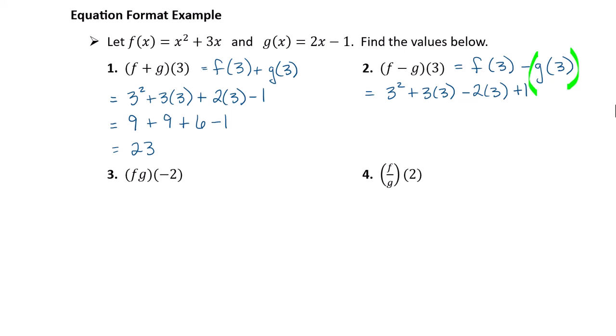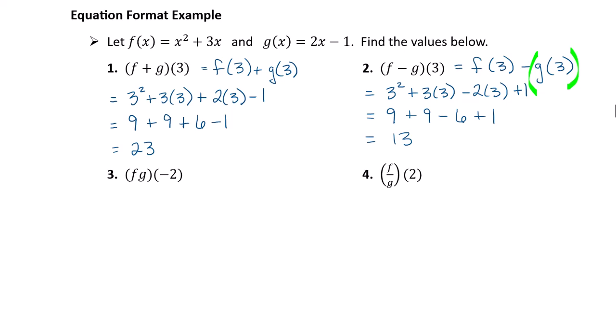Again, you can change the sign of everything in the g of x or use square brackets or parentheses and later distribute this negative sign. 3 squared is 9, plus 3 times 3 is 9, minus 2 times 3 is 6, plus 1. 9 plus 9, 18, minus 6 is 12, plus 1 is 13.